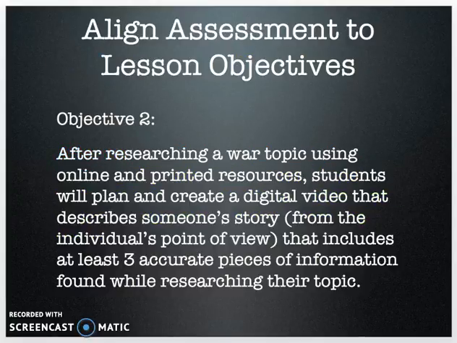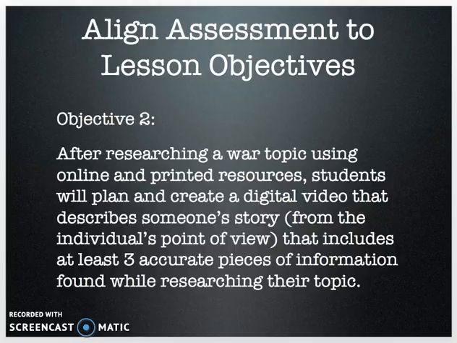Let's say we have a couple of other objectives here. Number 1, after researching a war topic using online and printed resources, students will plan and create a digital video that describes someone's story from the individual's point of view that includes at least 3 pieces of information found while researching their topic.